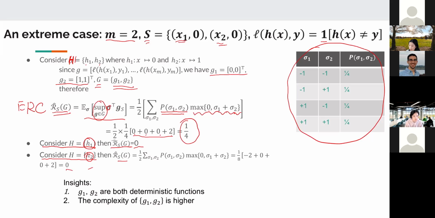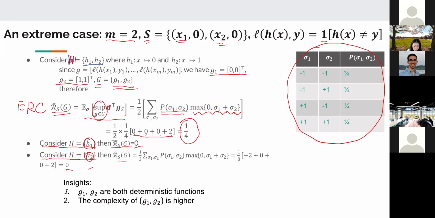So the insight here is that, in this capital H equals H1, H2, although you have two deterministic functions, you can still get a non-zero empirical Rademacher complexity, which is 1 over 4.